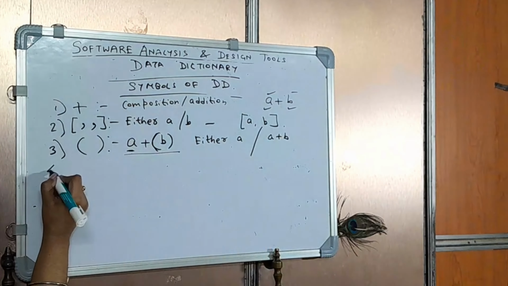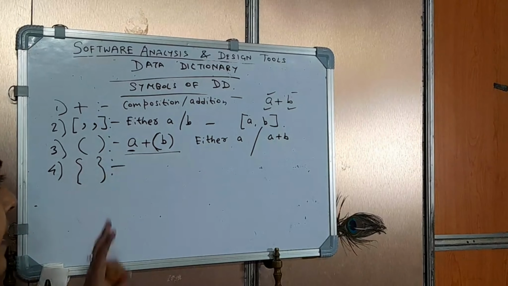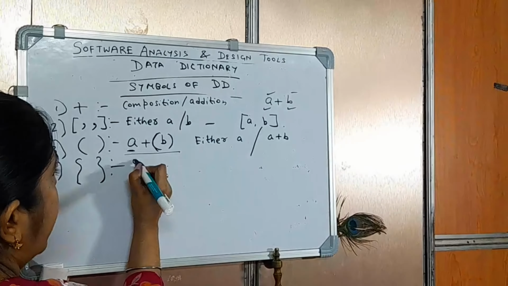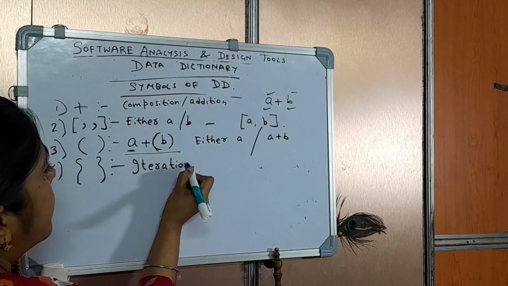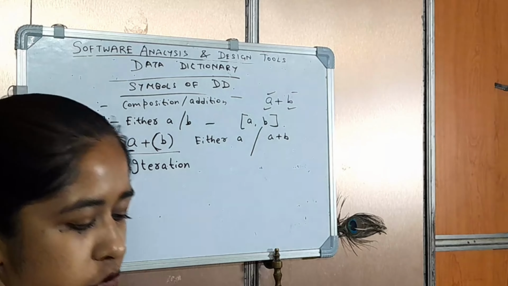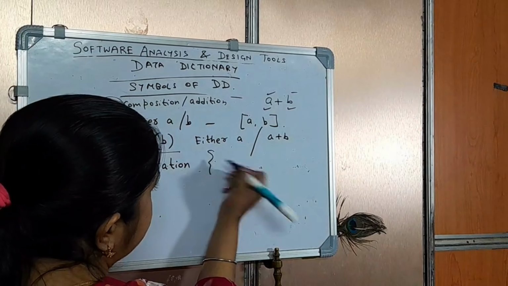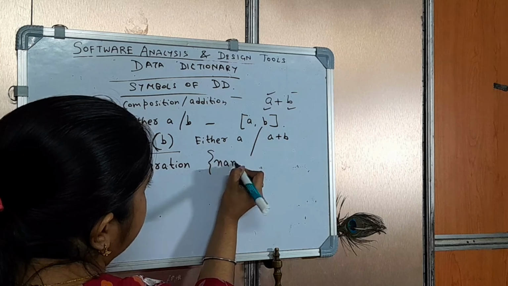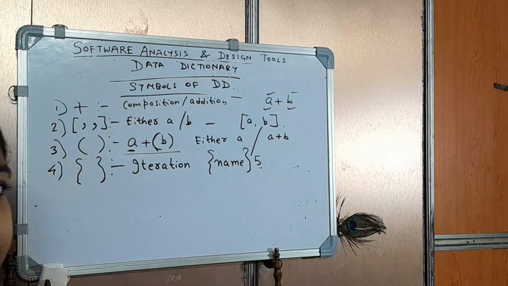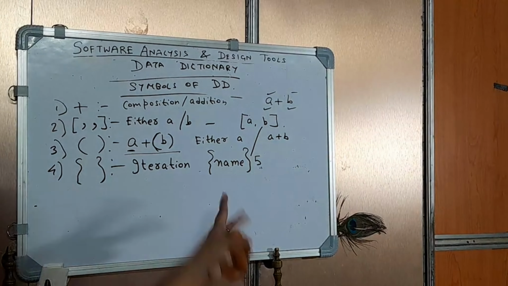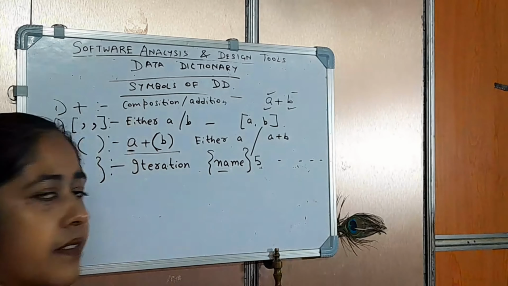The fourth symbol is the second bracket. What does this symbol generate? That is iteration, iteration of data. How will we show this iteration? Suppose I am writing here some name, and I am writing here 5. Then obviously this name will be generated 5 times.